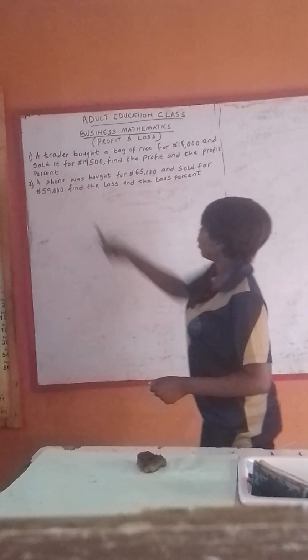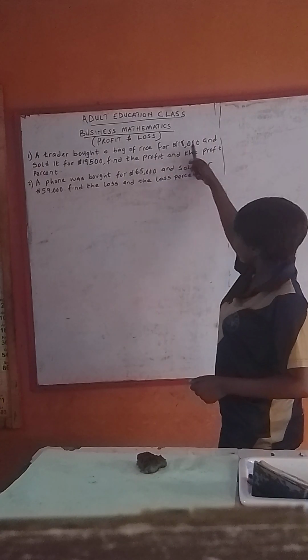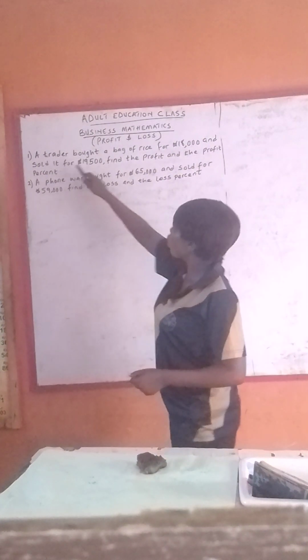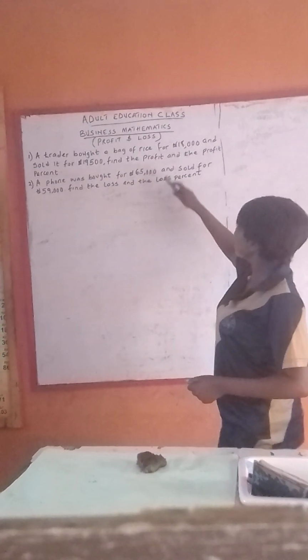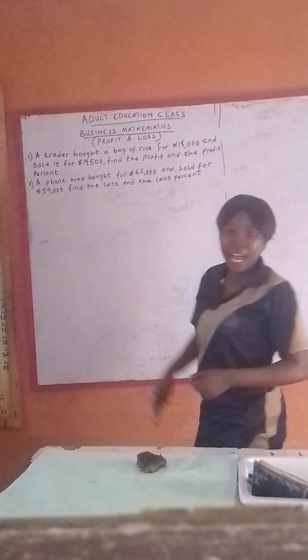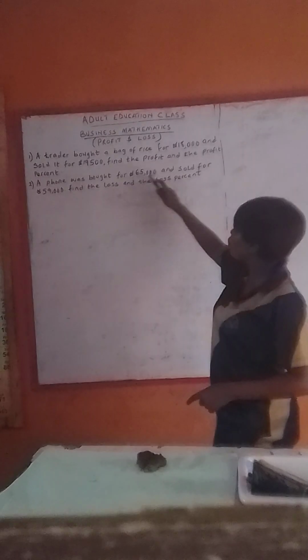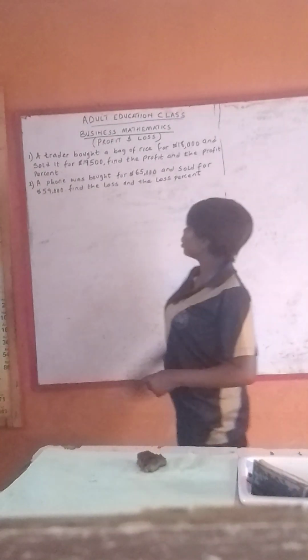Now let's go. A trader bought a bag of rice for 18,000 naira and sold it for 19,500. Find the profit and the profit percent. And the second question says a phone was bought for 65,000 and sold for 59,000.